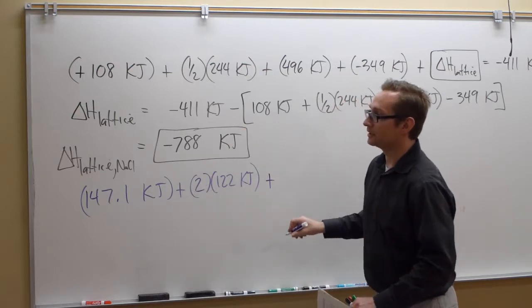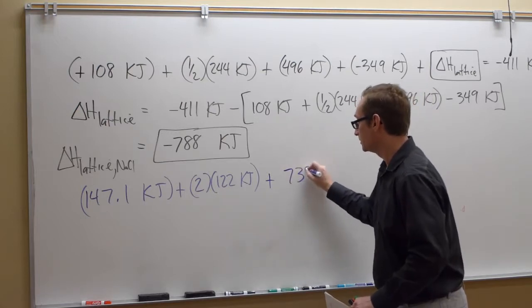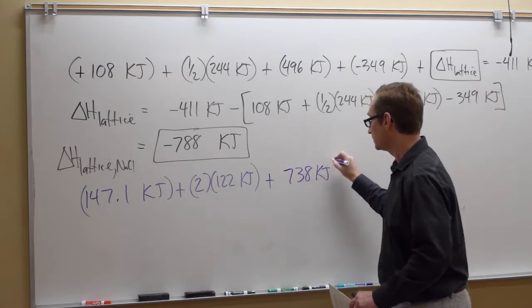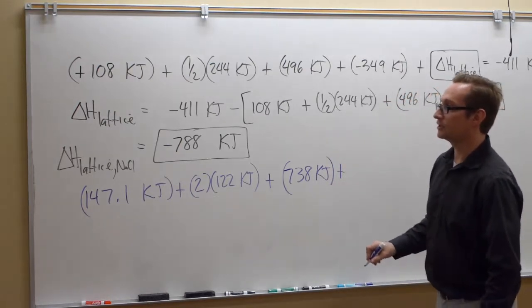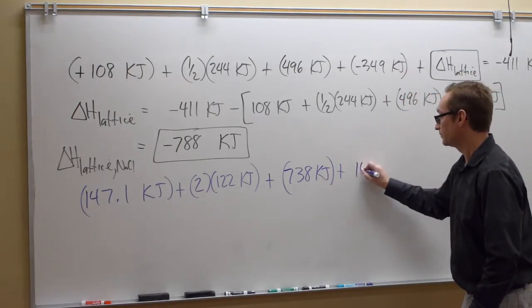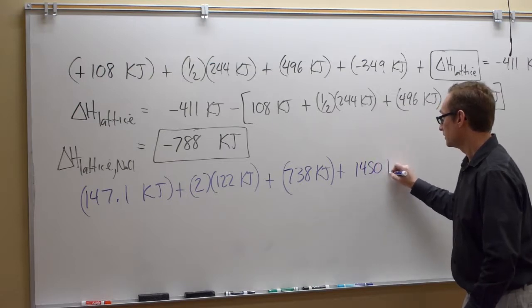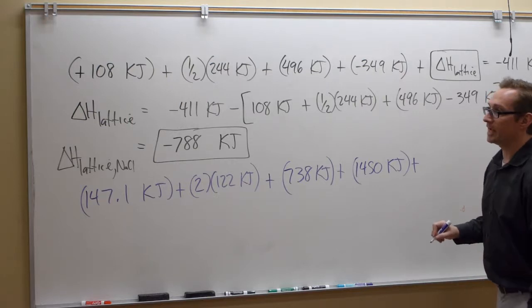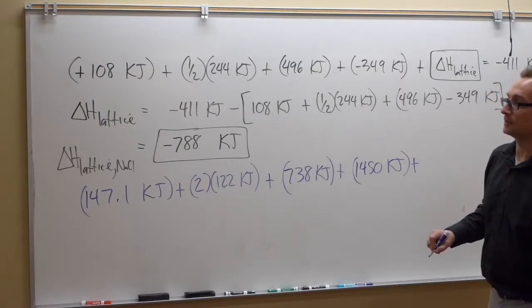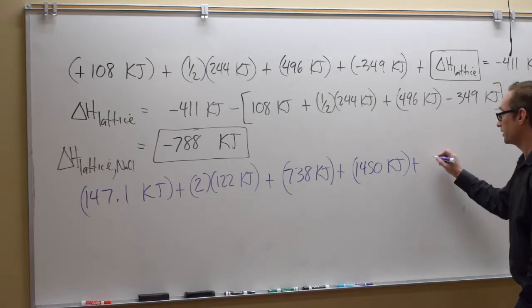For the third one, we have 738. Fourth reaction is 1450. Fifth reaction is 2 times negative 349.